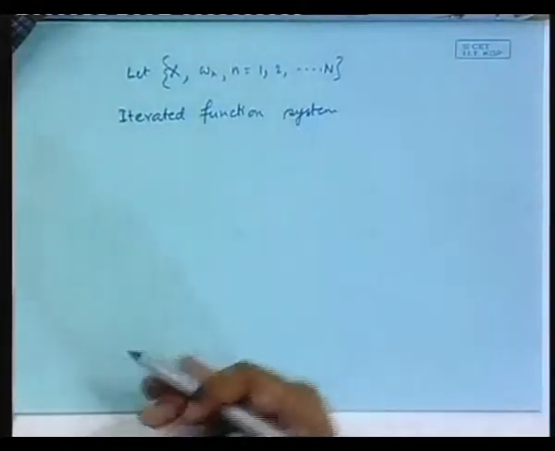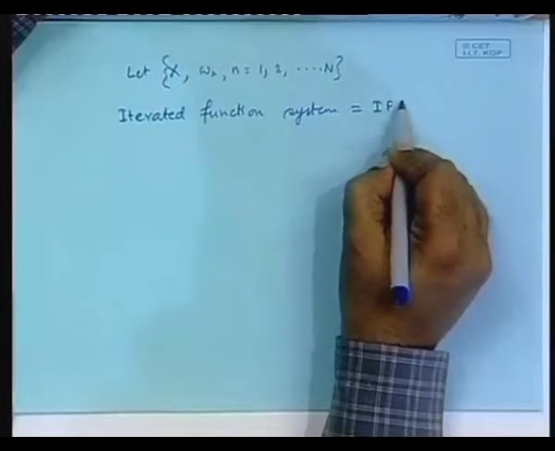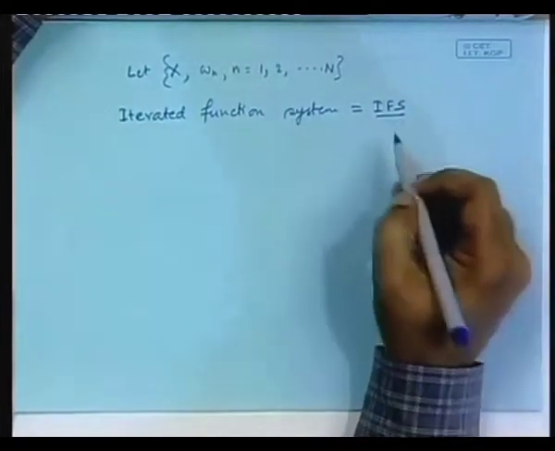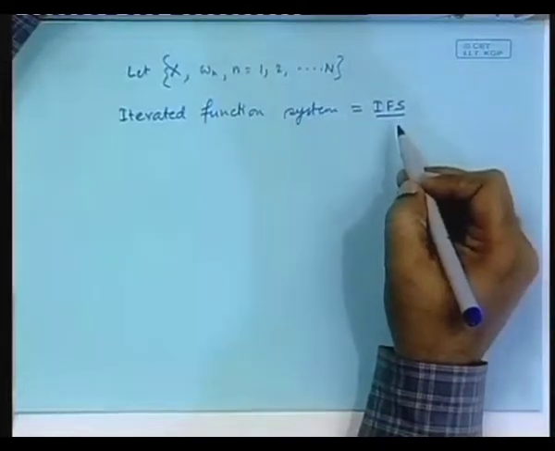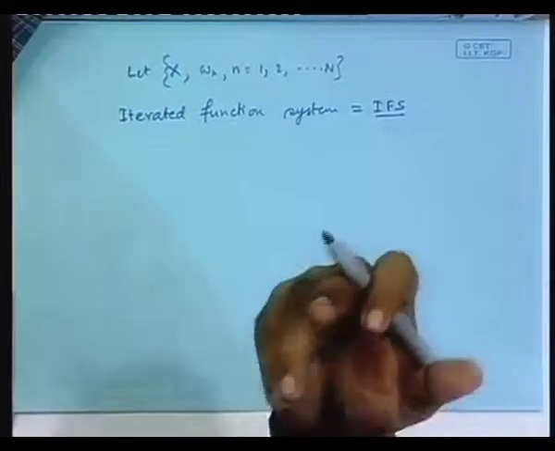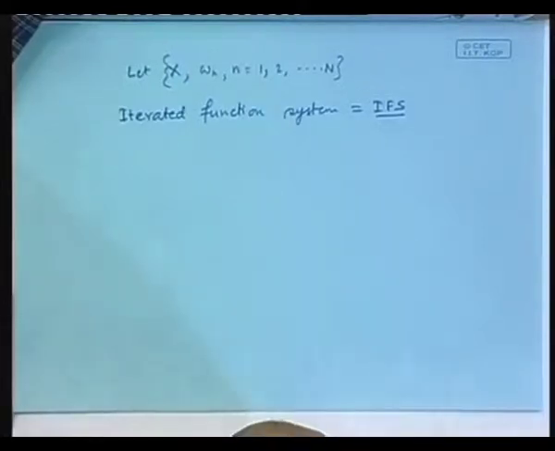That means you can repeatedly apply this transformation. So, it is called an iterated function system. Remember this particular word IFS will appear repeatedly in our discussion. So, remember IFS, iterated function system. We generate all fractals using iterated function systems. That is why this is so very important.